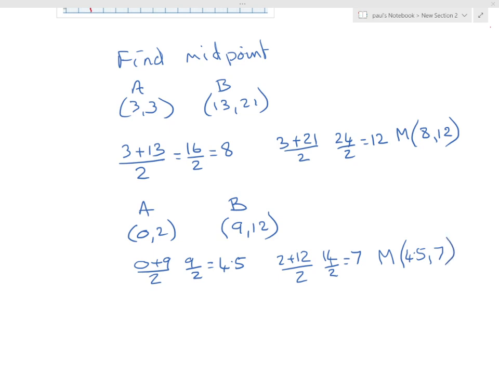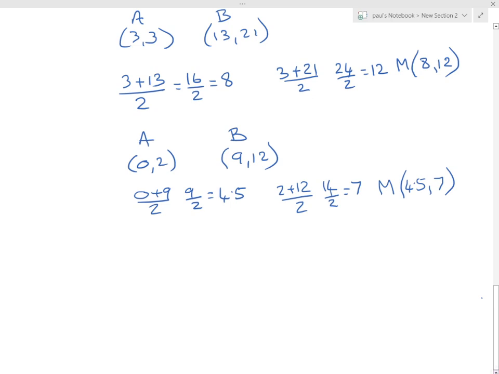Right, okay, so what else have we got to do? So now we move on to Pythagoras, because we're going to use Pythagoras later on when we go back to the graph. Now Pythagoras is all about right-angled triangles, and the easiest one here is 3, 4, 5.